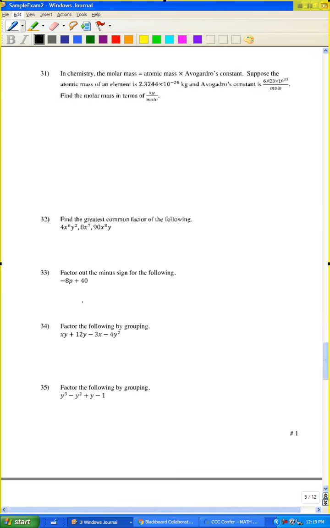In chemistry, the molar mass is equal to the atomic mass, 2.3244 times 10 to negative 26 kilograms, times Avogadro's constant, 6.023 times 10 to the 23 atoms per mole.